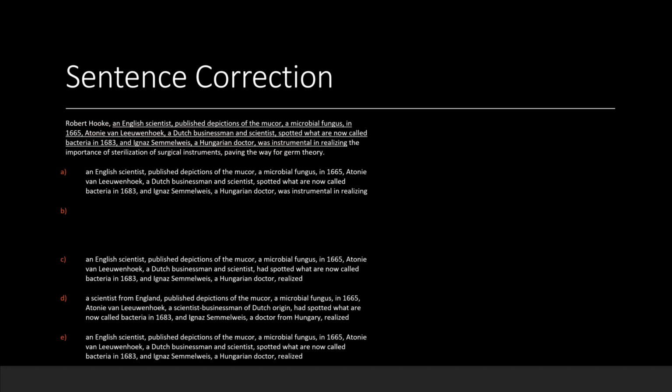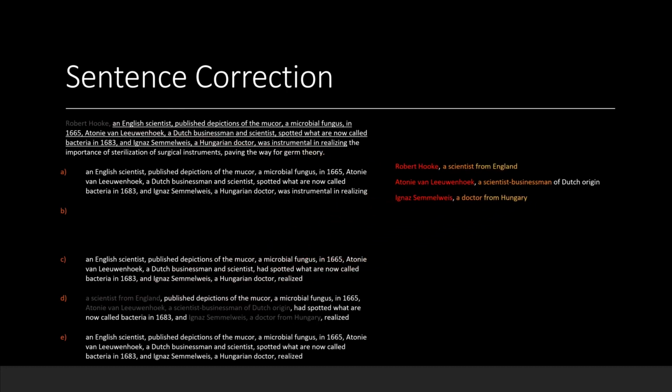In answer option D, we lose the parallelism. Of Dutch origin isn't as parallel as what we have in the original question. Note that it's not wrong per se, it's just not as parallel as answer option A. The parallelism of the other answer options isn't perfect, but they're the best available options.